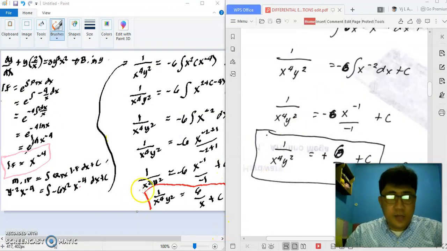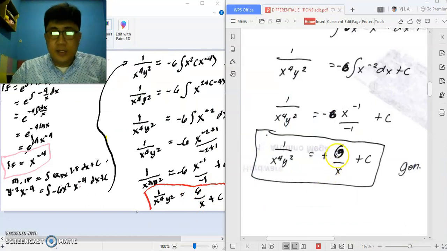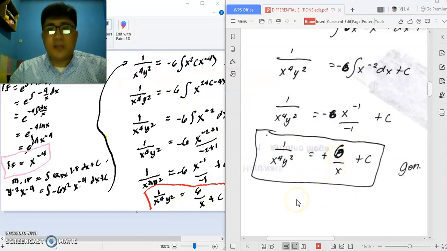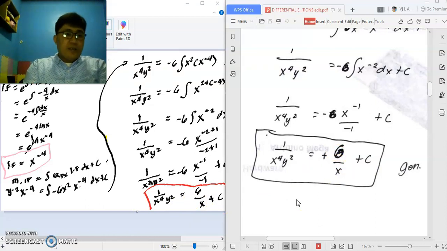If you could see, we have 1 over x raised to the power 4 y squared, which is the same here. And we have positive 6 over x here, 6 over x plus c. So congratulations! We already solved an example for Bernoulli differential equation.